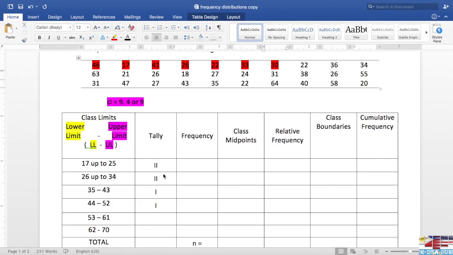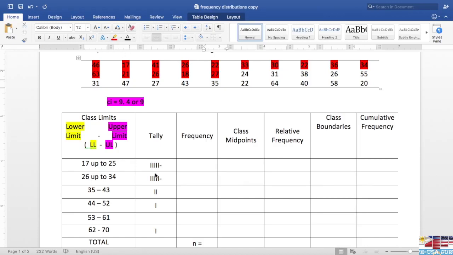30. When you reach 5, divide it into 2 so you will not have a hard time counting the tally. We have 18. Okay, it's 5 already.